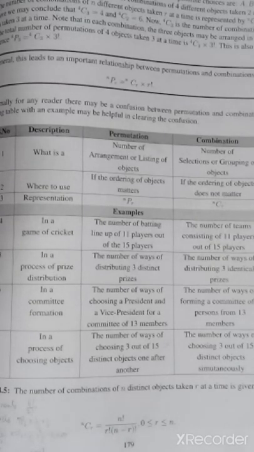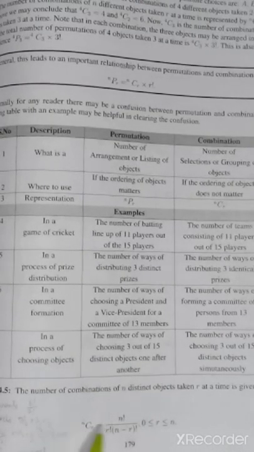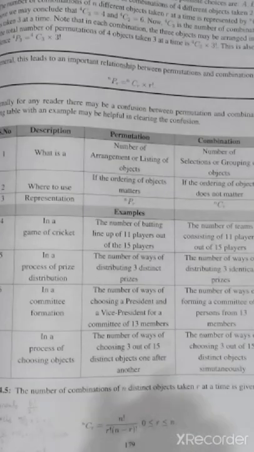Now, what is your nPr formula? nPr is n factorial by n minus r factorial, right? Your combination formula is nCr equal to n factorial by r factorial into n minus r factorial.